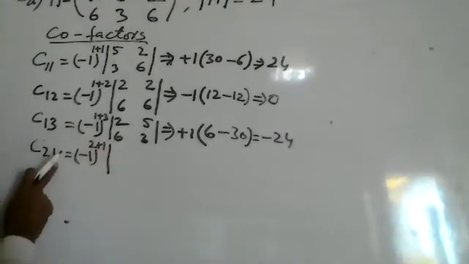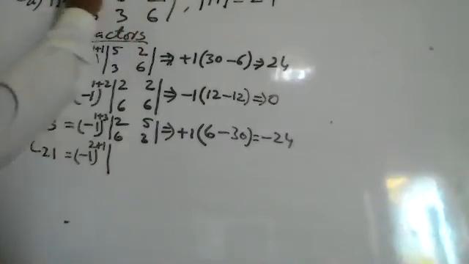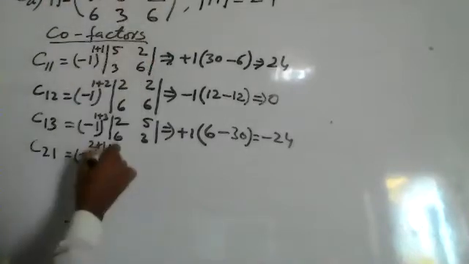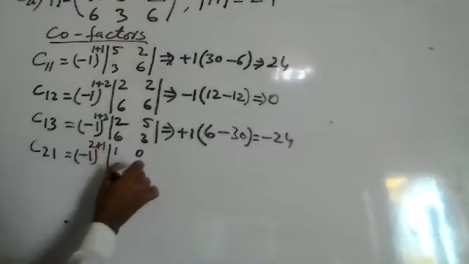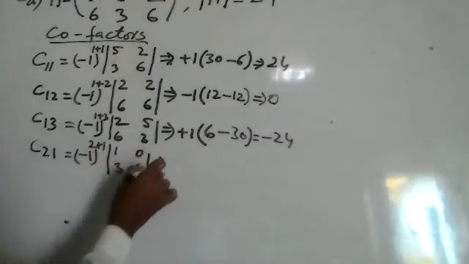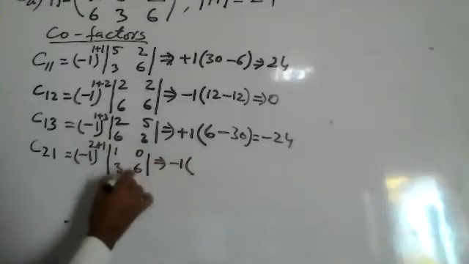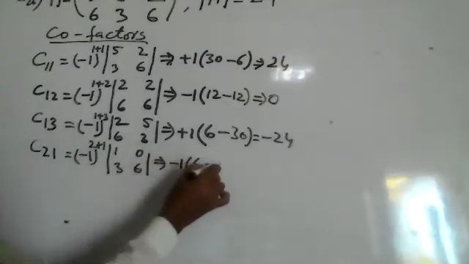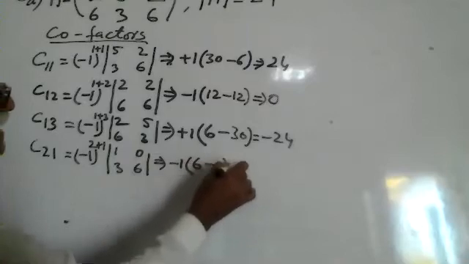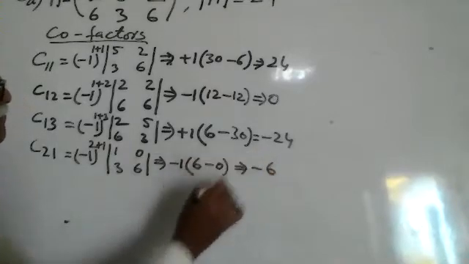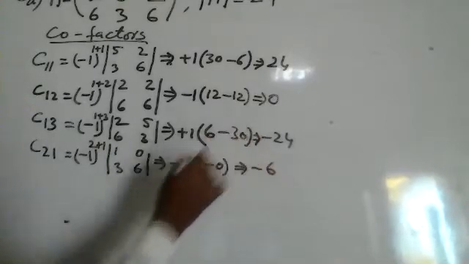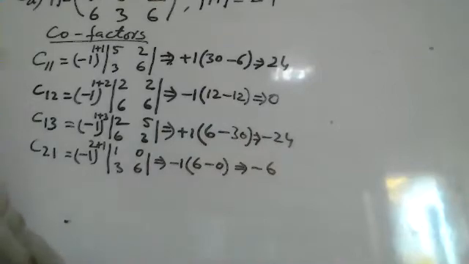The remaining numbers are 1, 0, 3, 6. Minus 1 raised to power 3 will be minus 1. Into 1 into 6 will be 6. Minus 3 into 0 will be 0. The answer is minus 6.